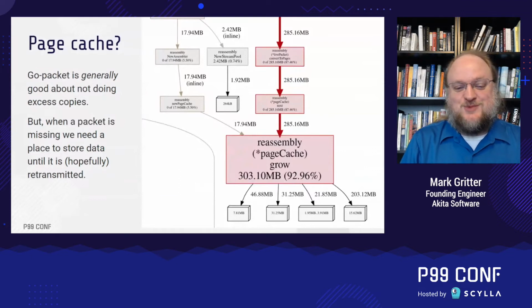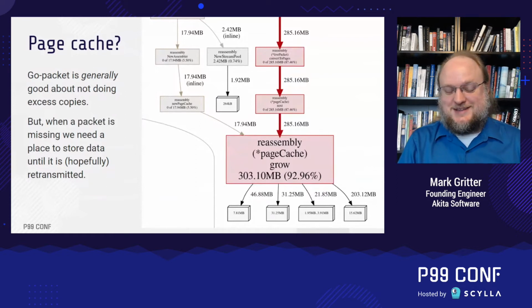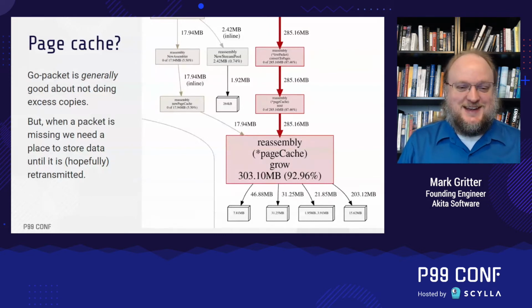And worse, the version we were using didn't ever free memory. So what would happen is we drop a packet, and the stream would keep going, and the TCP reassembly layer would keep buffering and buffering, hoping to see that missed packet again. And we can allocate a large amount of memory before we give up.